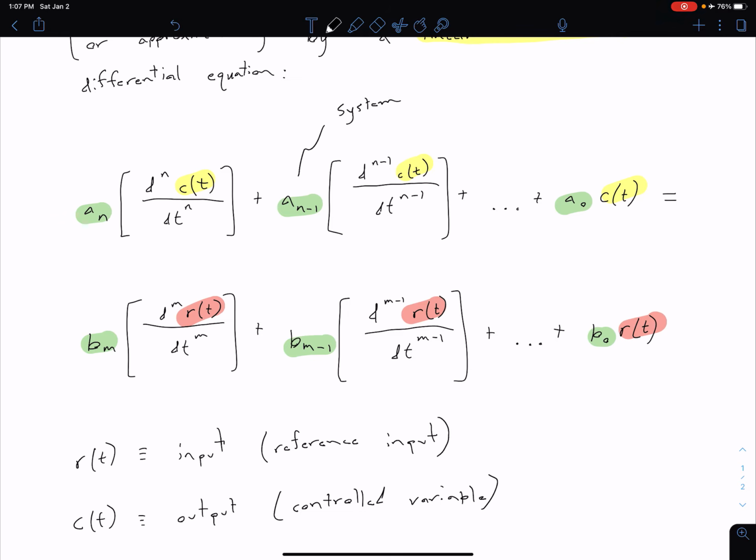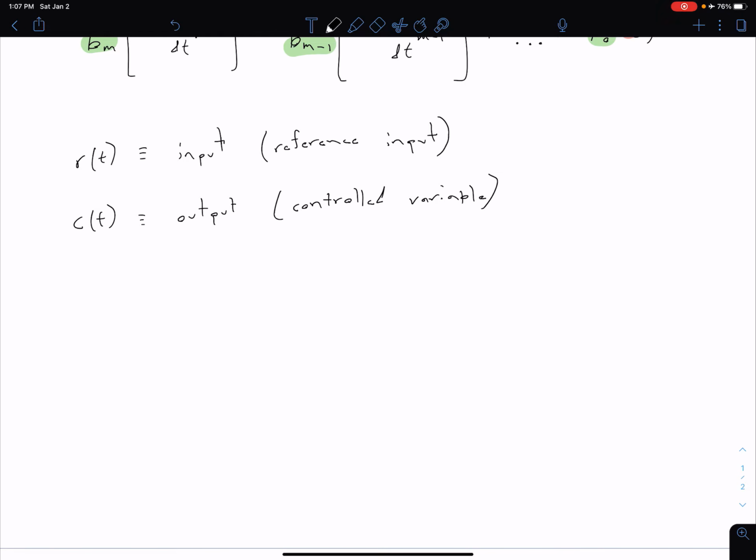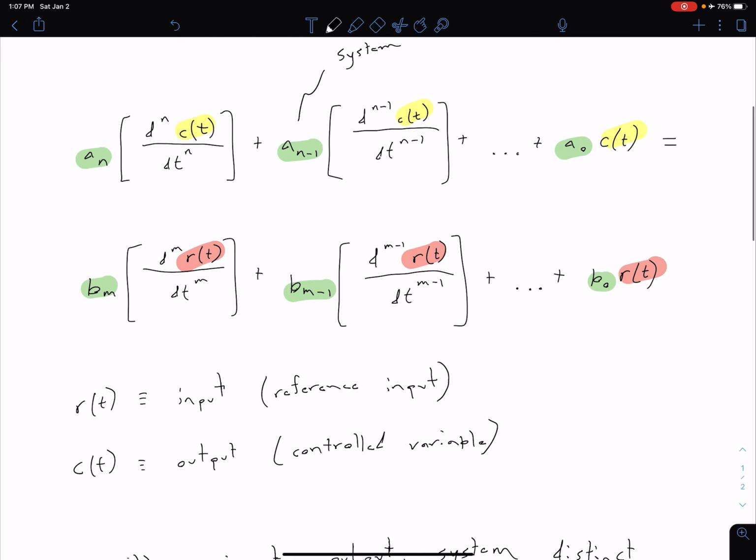So ideally what we would like to do is characterize our system with distinct input, output, and system parameters. Let's say we want to have these distinct so that we can look at it quickly and not have to parse out what's what.